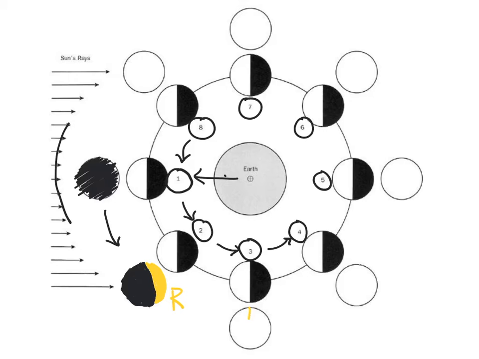Down here then, we are going to have the whole right-hand side illuminated. We have half of it, okay? And the other side then is going to be in darkness.